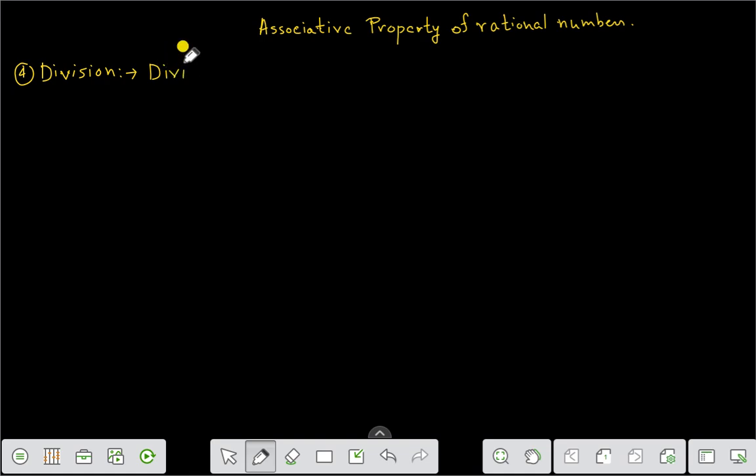Division of rational numbers is not associative. Right?